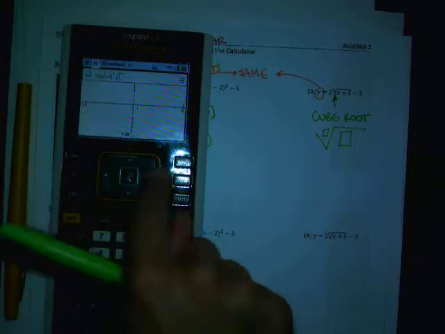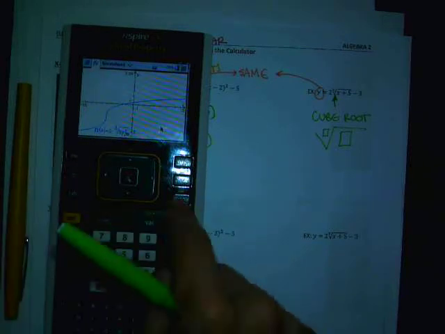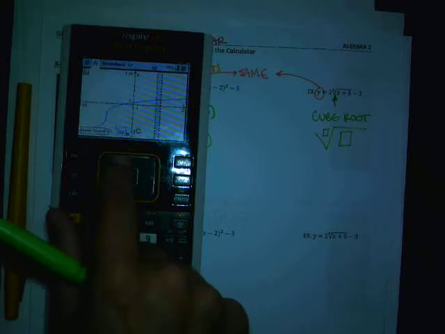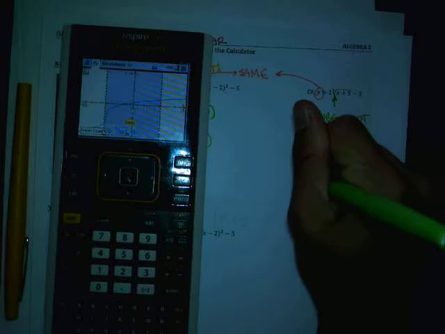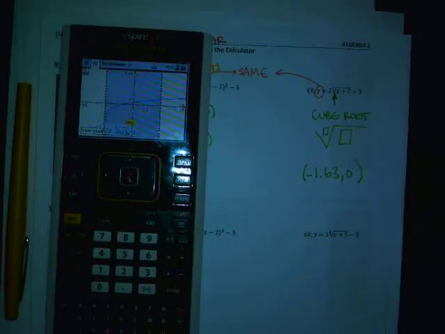So first there's a 2, and then cube root x plus 5 minus 3. All right, and that's my x-intercept. So menu, analyze 0. And then highlight your x-intercept until your point pops up, negative 1.63, comma 0.